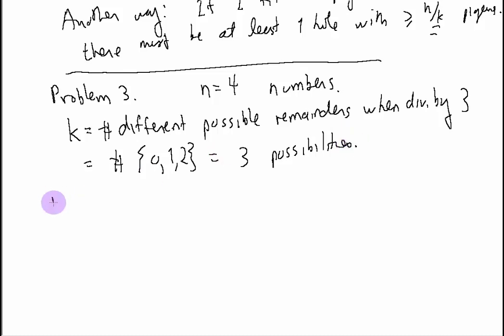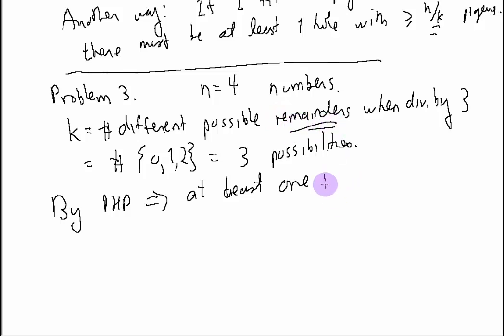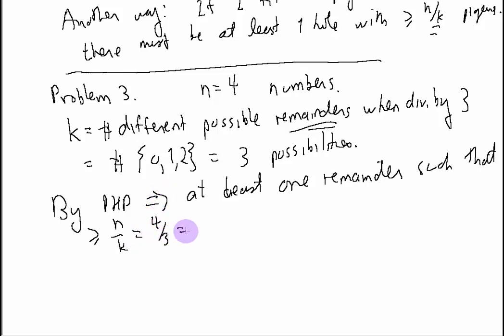Okay, so by the pigeonhole principle, there must be at least one remainder such that the number of numbers with that remainder is greater than or equal to n over k. In this case, n over k is 4 over 3, which is equal to 1.333.